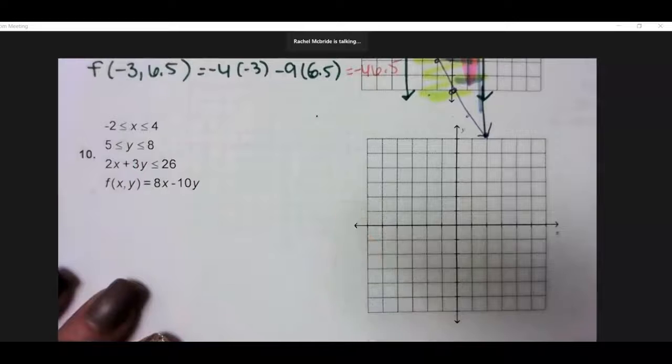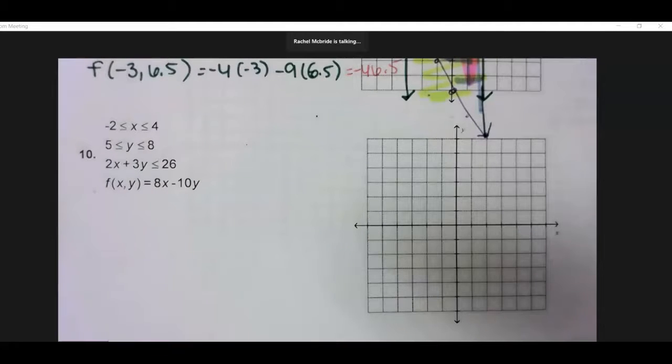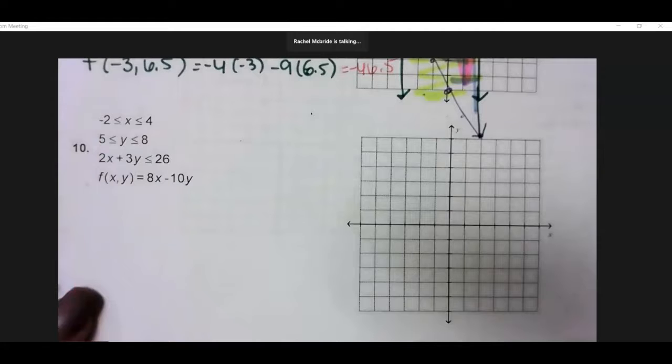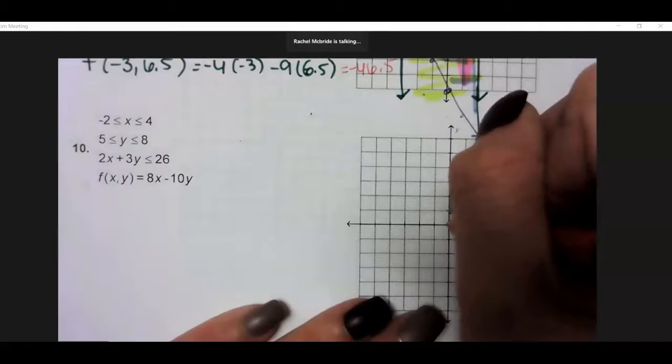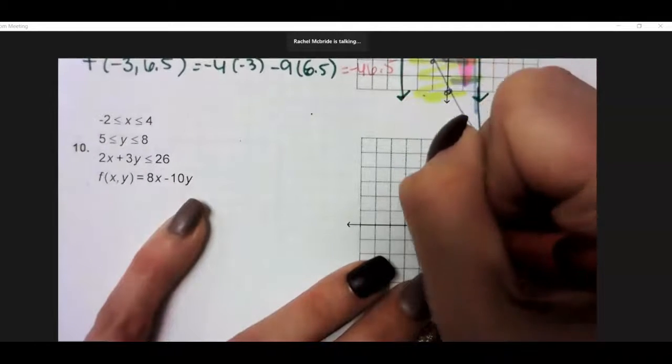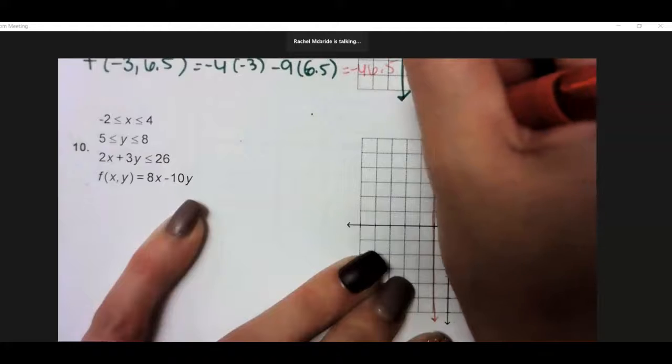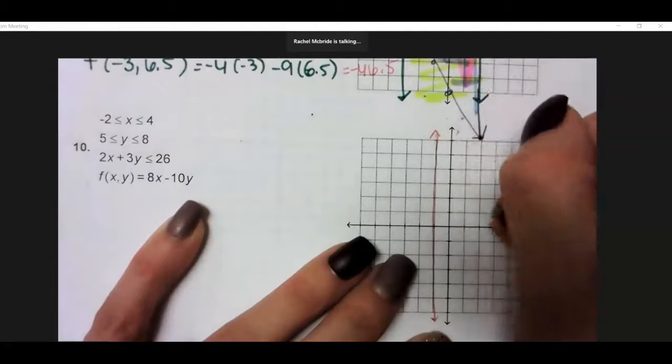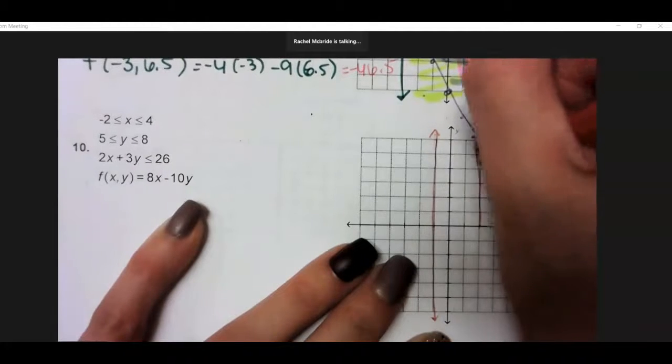So in this graph here, we have -2 for x and then up to +4. So I'm just going to be safe. I'm going to go by 2's this time. So I'm going to treat this like -2. And this as +4.